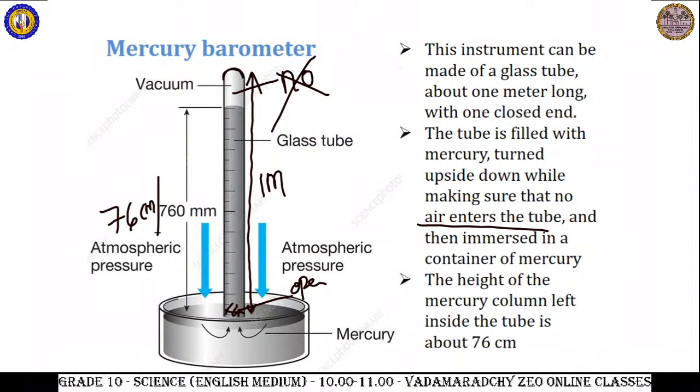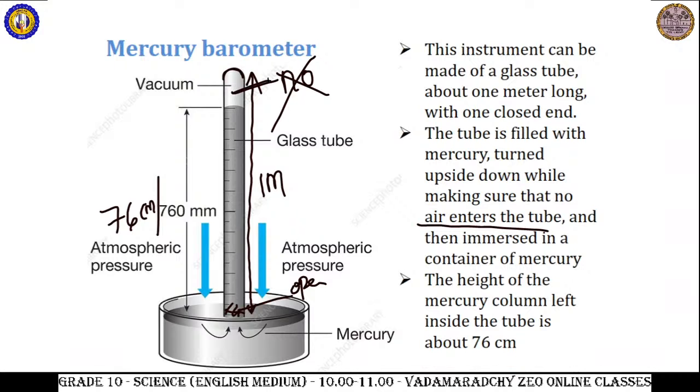To make this instrument, first we have to take a 1 meter long glass tube. Thereafter, we fill this glass tube with mercury. Then we turn this tube upside down. During this procedure, we have to confirm that no air enters the tube. There is no air; this is a vacuum.